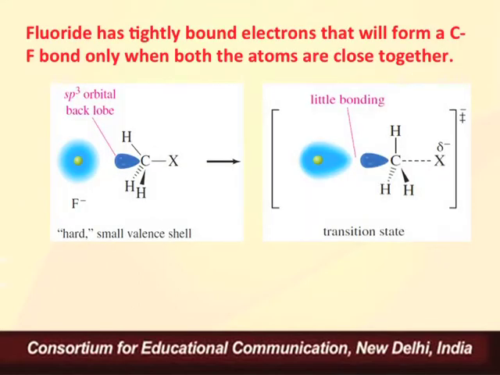This is what again I have shown here: since fluoride has tightly bound electrons, it will form a bond with carbon when it is very close to carbon. And in the transition state, there is little bonding between the fluoride ion and the back lobe of the sp3 hybridized carbon, as a result of which this transition state is not stable and the rate of the reaction will be low.